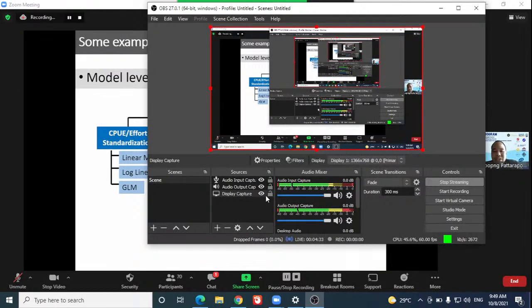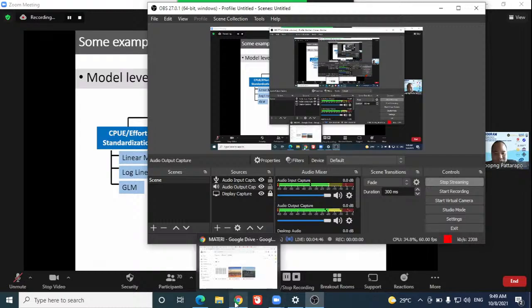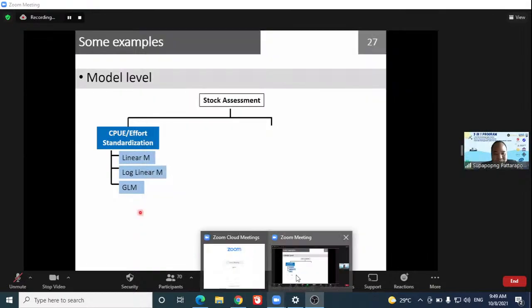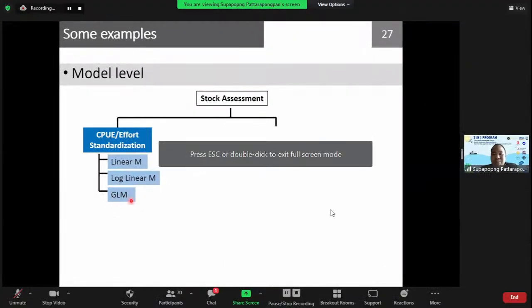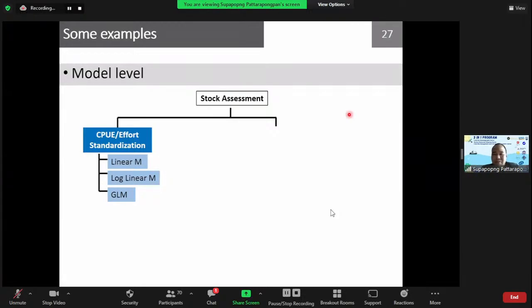Here, you can define the trend of the catch of each particular species by using statistical models, like the linear model, log linear model, or the generalized linear model, which now we usually use, especially GLM, to define the trend of the catch. And we can define whether that trend is increasing or declining, and what kind of management you should conduct.